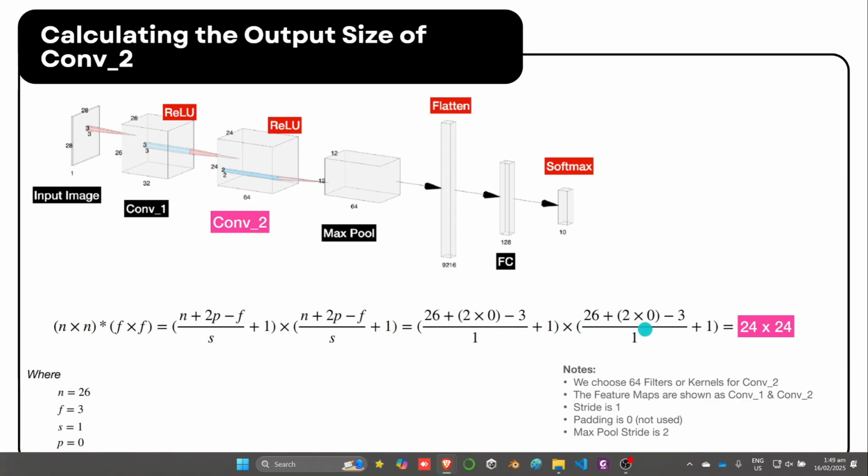The padding is again 0 in this case, and the filter size is 3. So you can see in the formula over here, we have 26 plus 0, minus 3, which gives us 23, plus 1, which is 24. So that's how you get 24 by 24 as the output size.